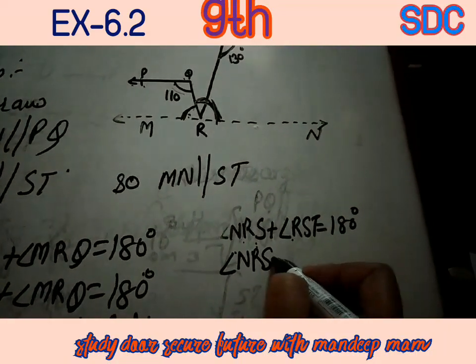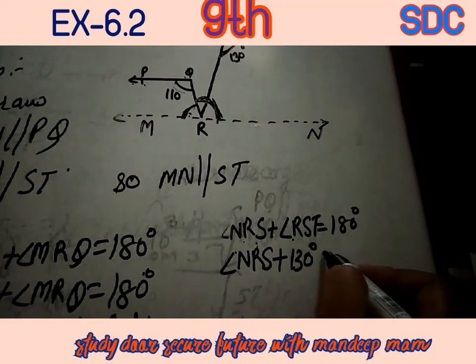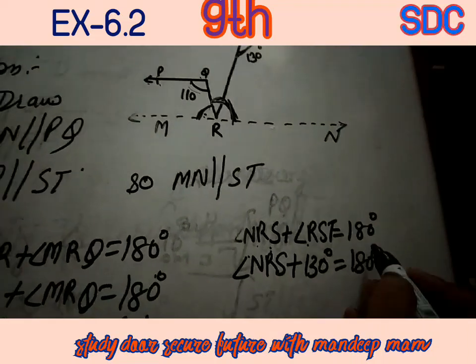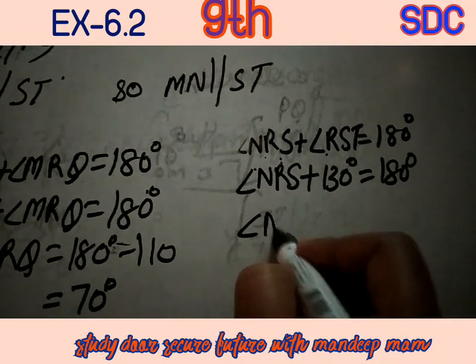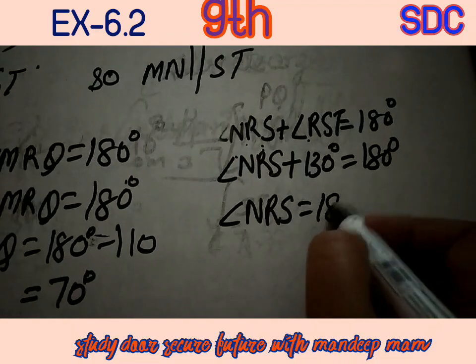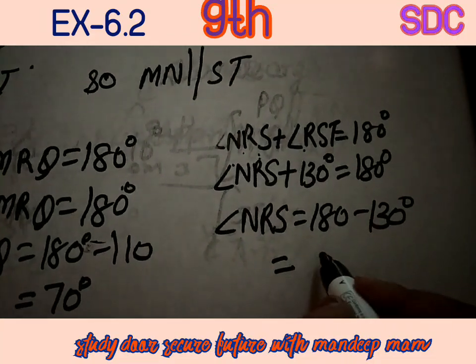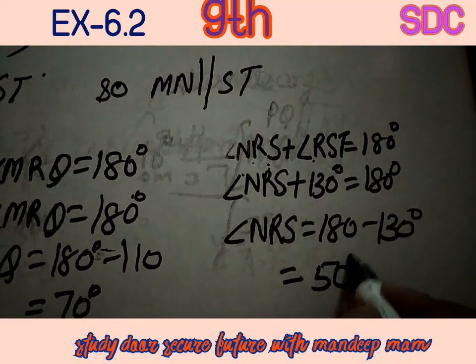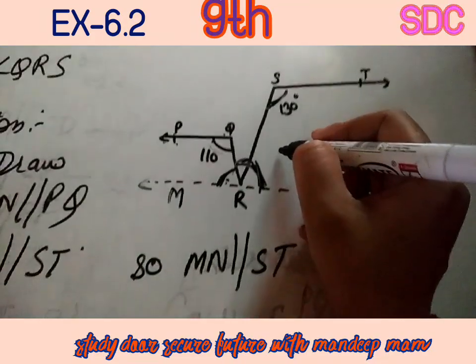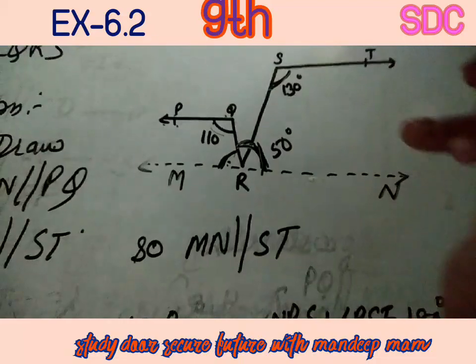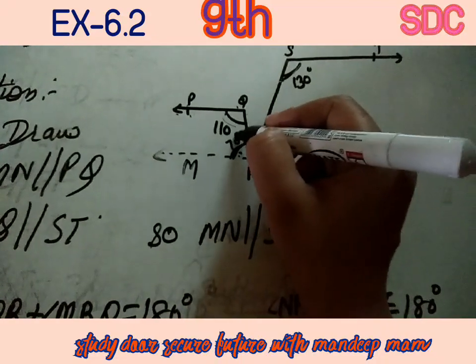So we write 130 plus NRS is equal to 180 degrees. Now the value of NRS will be equal to 180 minus 130, that is 50 degrees. Write it: this angle is 50 degrees and this angle is 70 degrees.